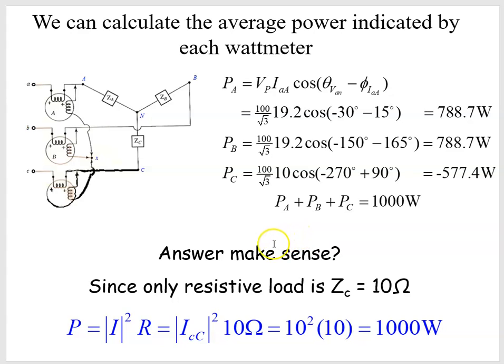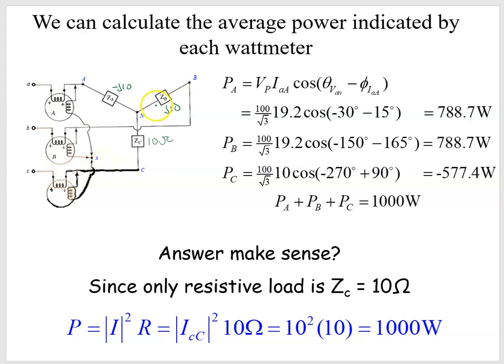That actually makes sense, because if we go back and look at these loads, what we had here for our loads was that ZC was 10 ohms, right? And our ZB was j10, and this was negative j10.